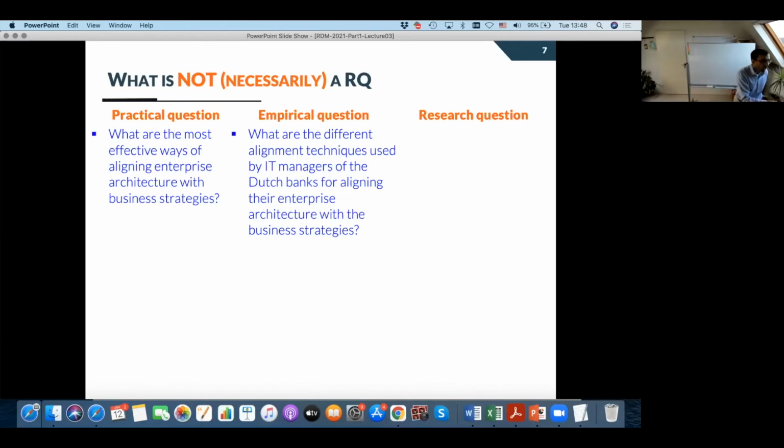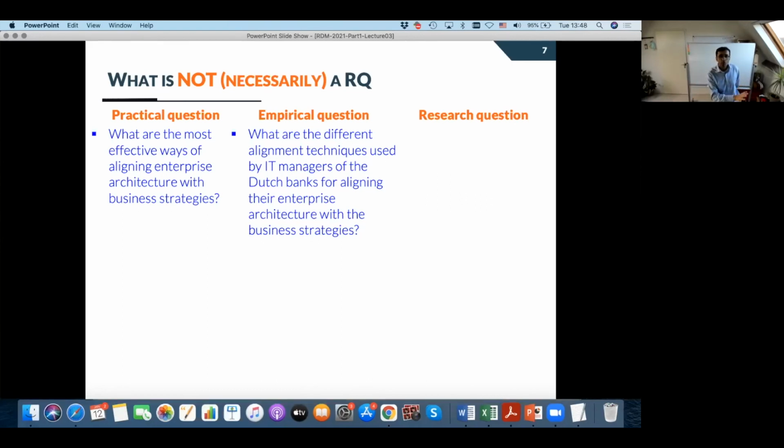If we want to know what are the different alignment techniques that Dutch banks use for aligning their enterprise architecture with their business strategy, it's good as a question when you start your methods, when you want to collect your data, when you want to start writing your interview protocol, when you want to think about the questions in your questionnaire. But it's still not a research question.